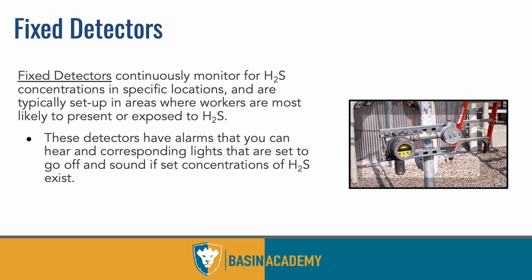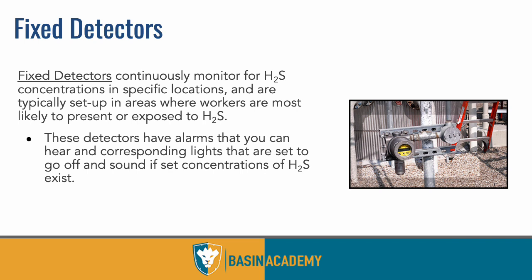So fixed detectors: on the previous slide I had a little circle on the bottom of where that yellow monitor is. You can see that little oblong obelisk there coming down. That is the sensor. So again, just like your personal monitor, this is protruding out, and it's fixed, meaning it's bolted there to that site. I took this photo at a gas plant, and they have about 40 of these around the location, and it's designed to tell us if H₂S is present.